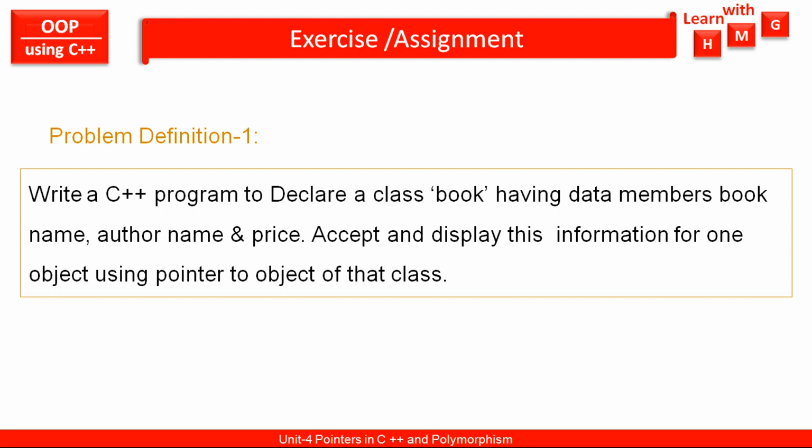So these are the three data members you have to declare in the class book, and then two member functions, one to accept the information of book and second to display the data of book, using pointer to object. Let us hope you will be able to write this particular program using pointer to object. So refer to my sample program and on the same line try to write this particular program.